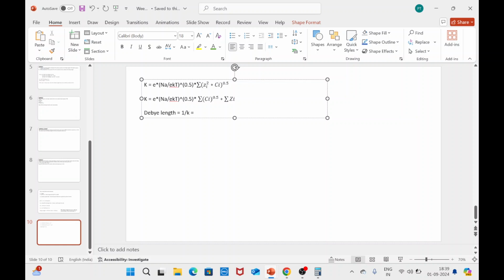So this expression is nothing but 1 by the entire thing, and you can write this as epsilon kT by Na whole power 0.5 times 1 by Zi times 1 by this Ci power 0.5.